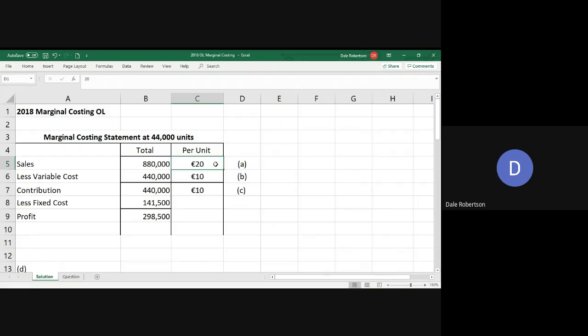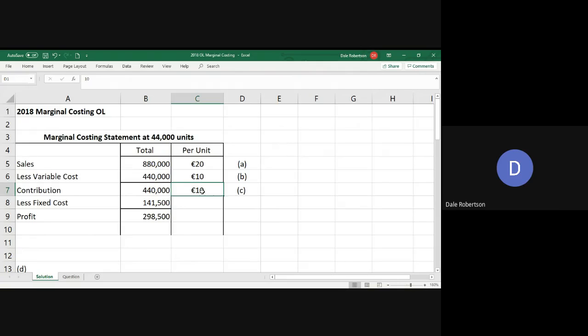Now, the variable cost of making each cap, the fabric, the wages, the electricity, maybe the logo, branding, royalties, things like that, they total to 10 euro. Which means that for every cap, when you take off that, there is a contribution of 10 euro. And that contribution goes towards covering your fixed costs.